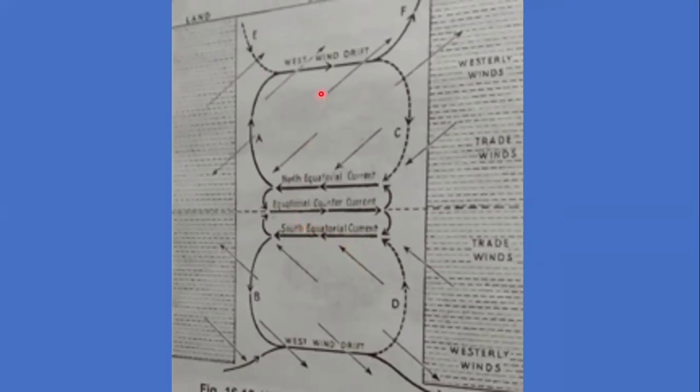Whereas in the temperate and the subpolar areas, westerlies flow, and we know the direction of the westerlies is from west to east. So the ocean currents here also flow in the same direction.